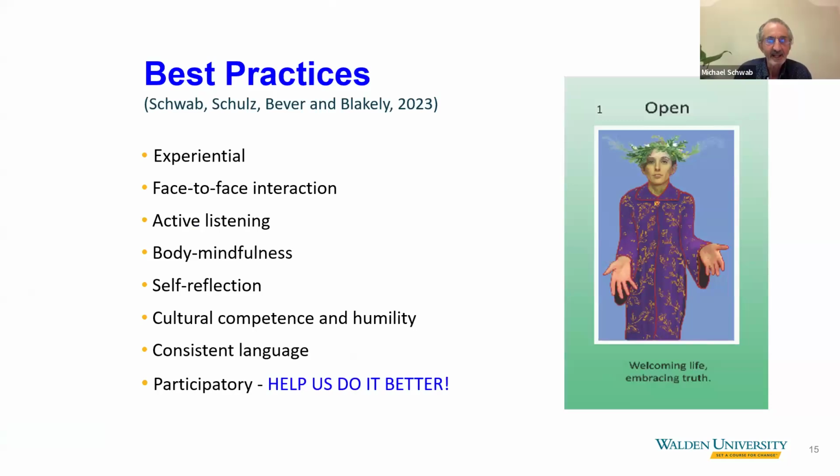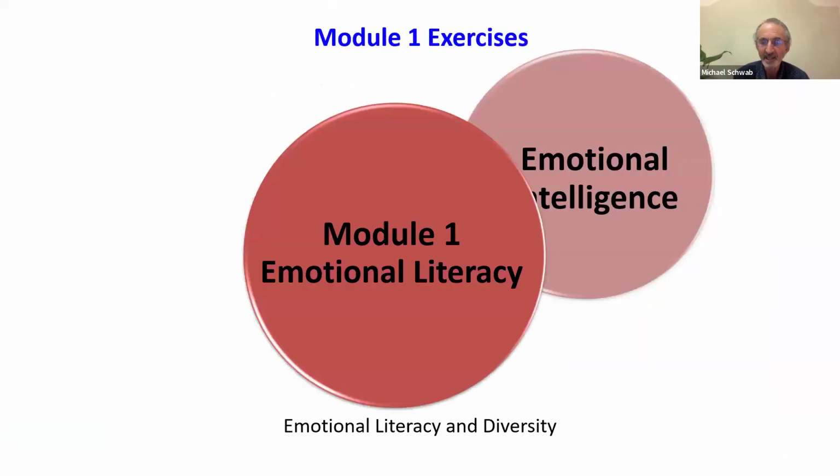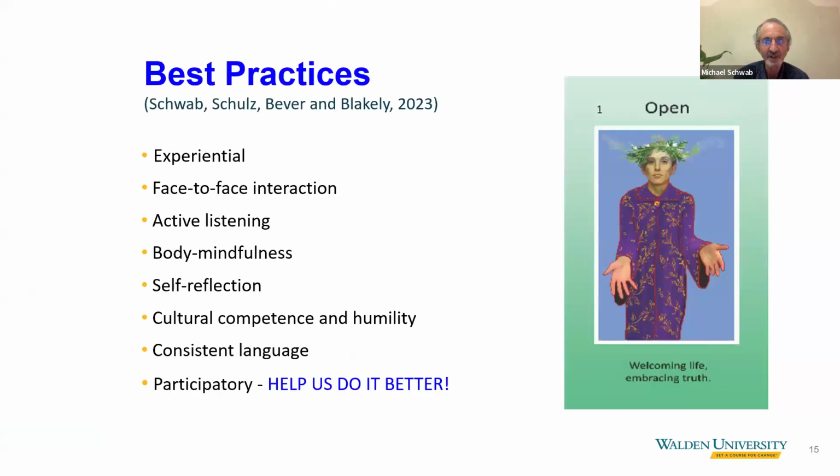This training is based on a review of the literature about best practices for teaching emotion and teaching empathy. And these are the elements of what we're going to engage in during the next hour. In the university, we have been so cognitive, so thinky for so long.